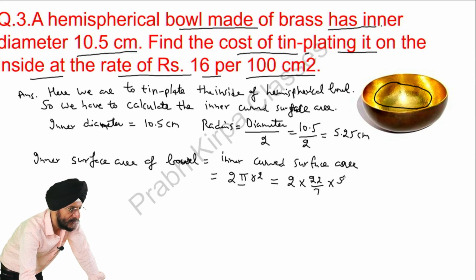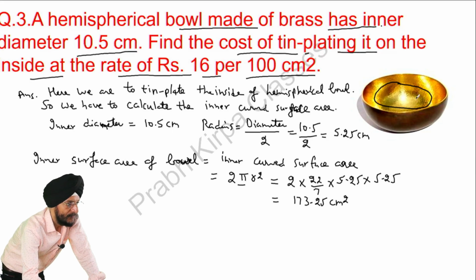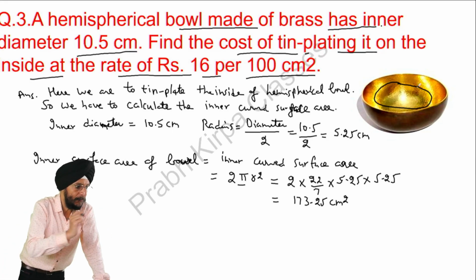It is 5.25. So we have added all the values. After solving all this, we will arrive at 173.25 square centimeter. This is the inner surface area which we have to tin plate.